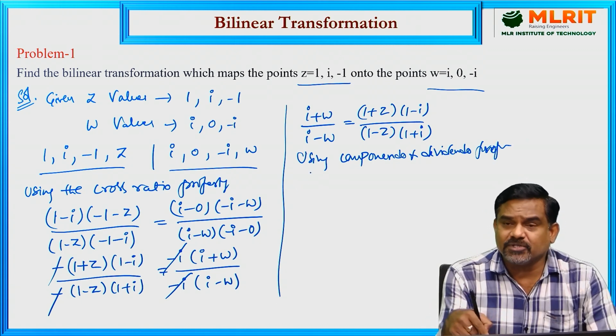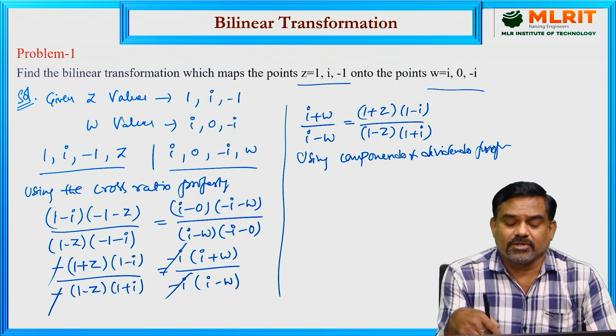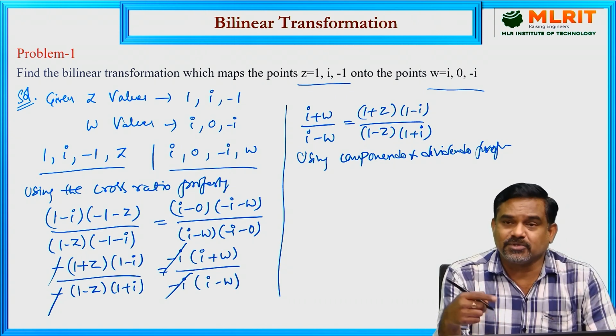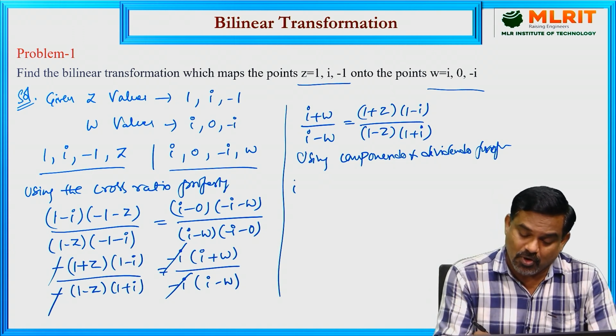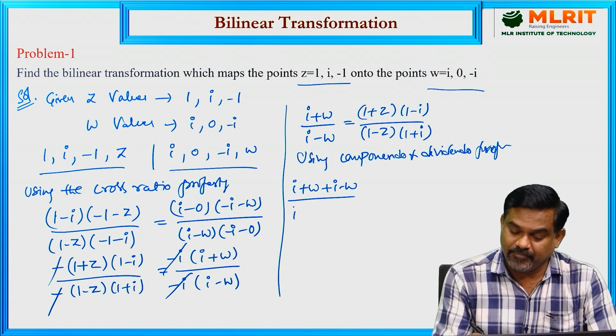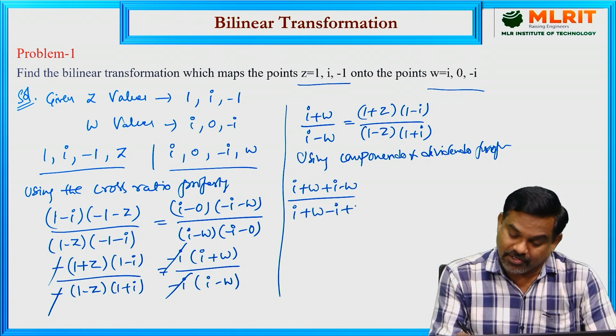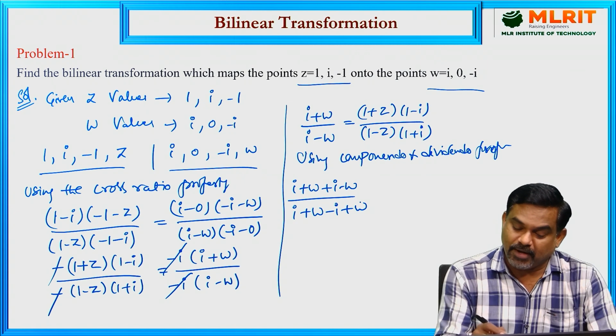If a/b = c/d, then we can use the ratios (a + b)/(a − b) = (c + d)/(c − d). So (i + w + i − w)/(i + w − i + w).